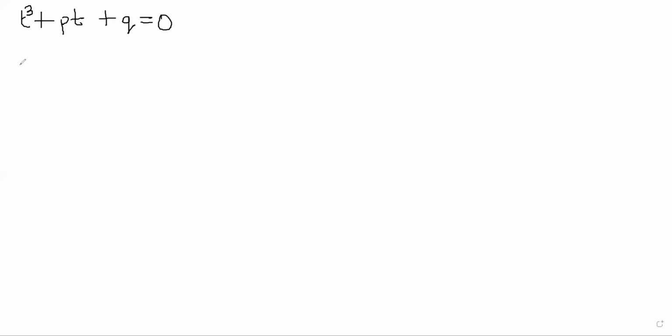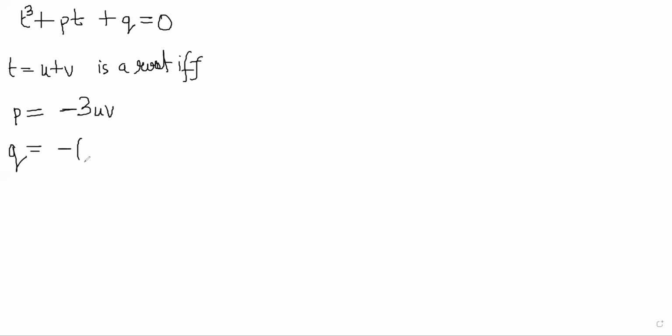And what we have learned is that t is equal to u plus v is a root if and only if p is equal to minus 3uv and q is equal to minus (u cube plus v cube), right? So we can say that minus p by 3 is equal to uv, and minus q is equal to u cube plus v cube, right?